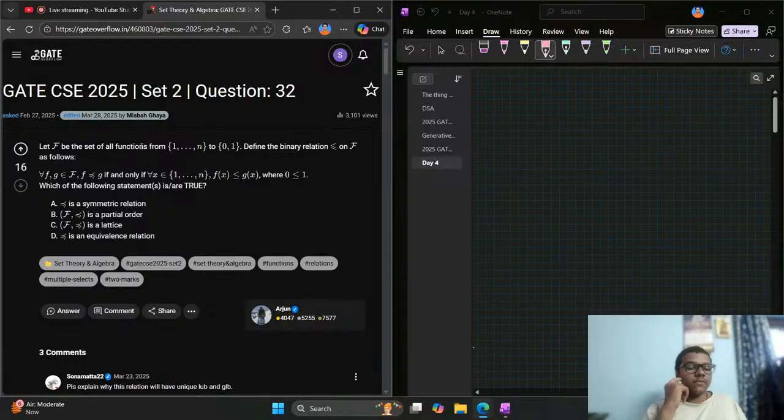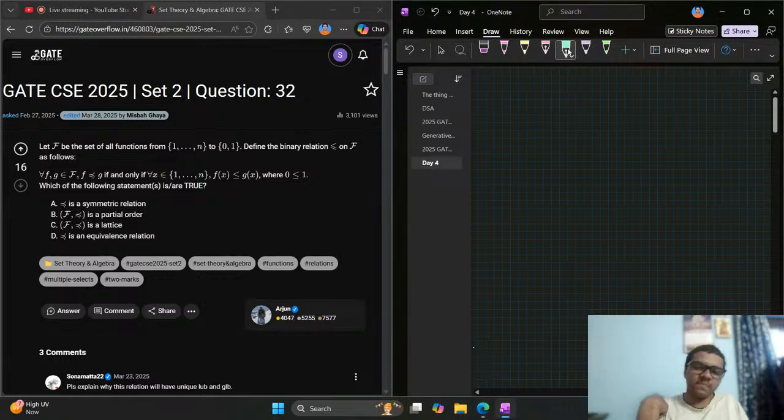Let f be the set of functions from 1 to n to 0, 1. Define the binary relation on f as follows: f is related to g if and only if for all x in 1 to n, f of x is less than or equal to g of x. Which of the following statements is true? So f is the set of functions.